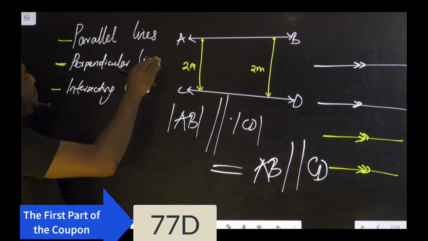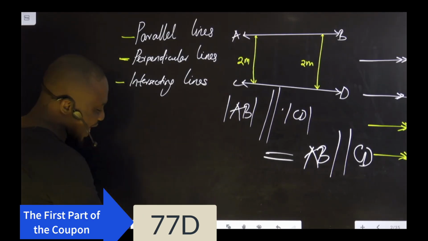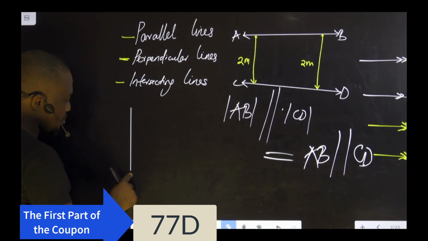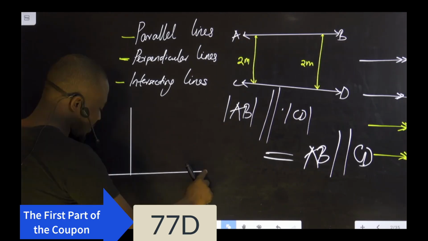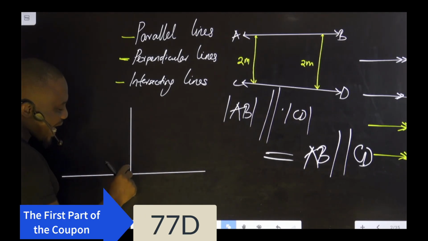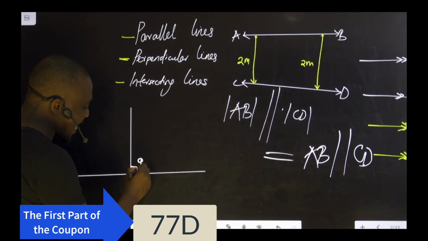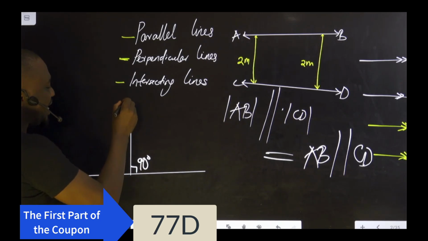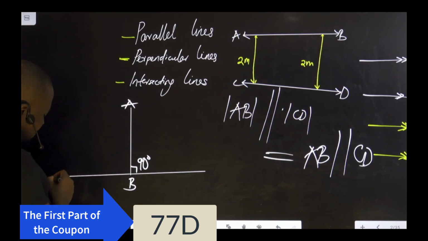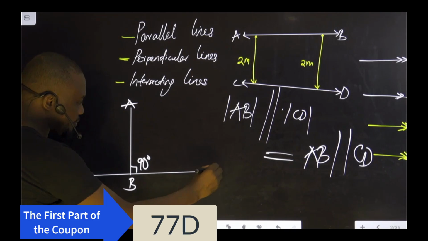What about perpendicular lines? If this is a line, you draw another line that touches this line, and the angle between them is 90 degrees. This angle is 90 degrees. We say AB is perpendicular to CD.